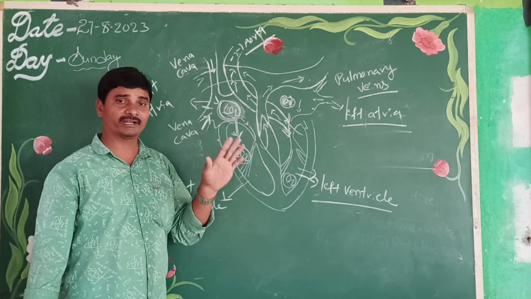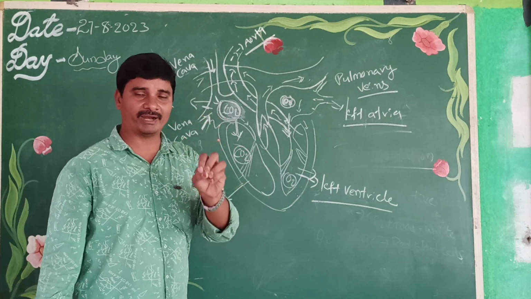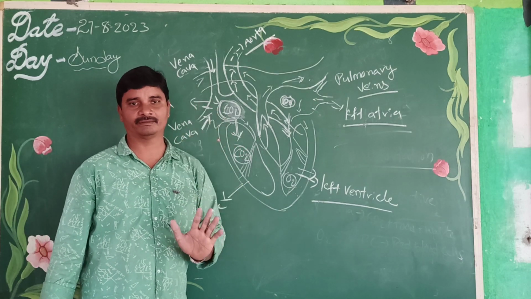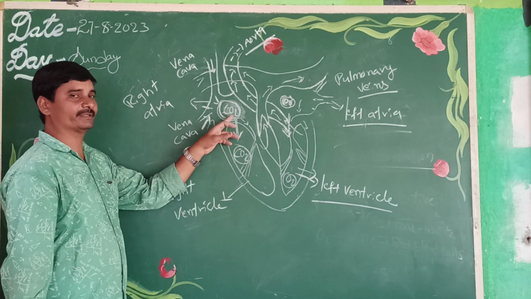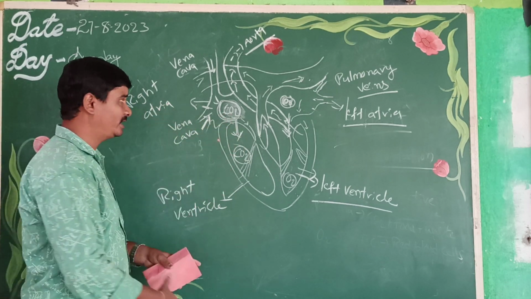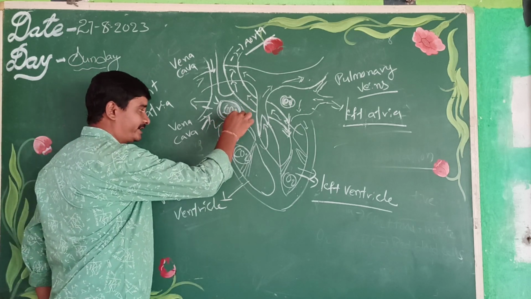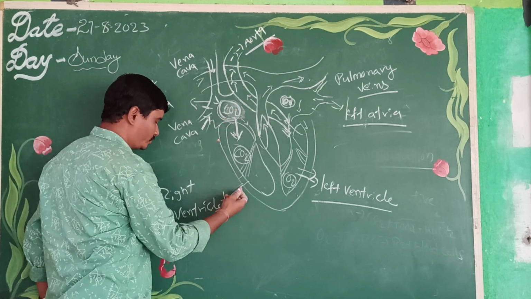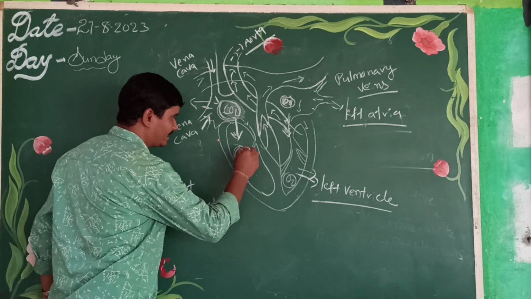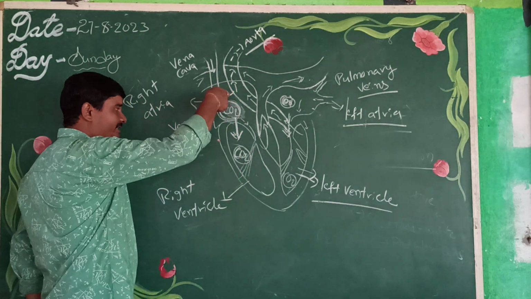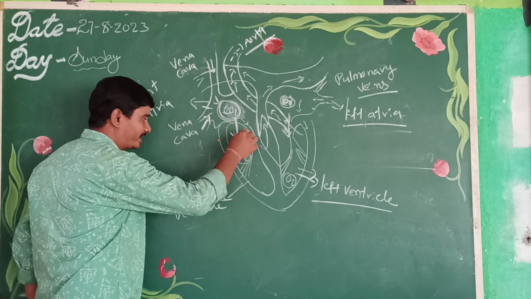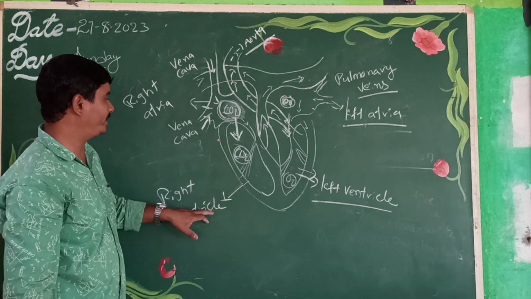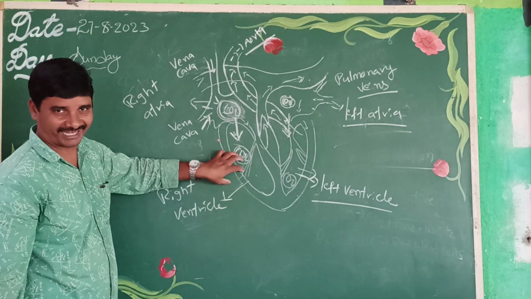For removal of the carbon dioxide from the blood. Then the right atrium starts contraction, and the deoxygenated blood now enters the right ventricle, from the right atrium to the right ventricle. Now the right ventricle is filled with deoxygenated blood.